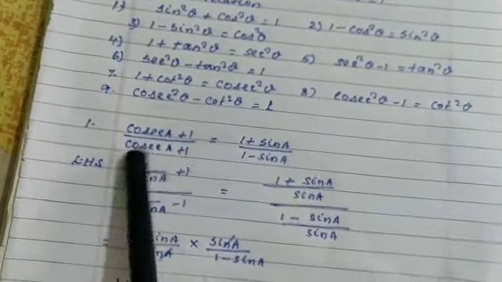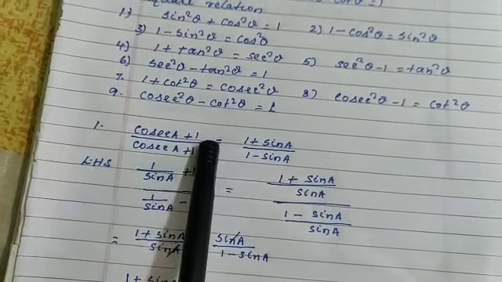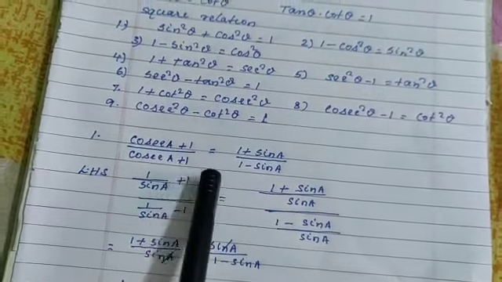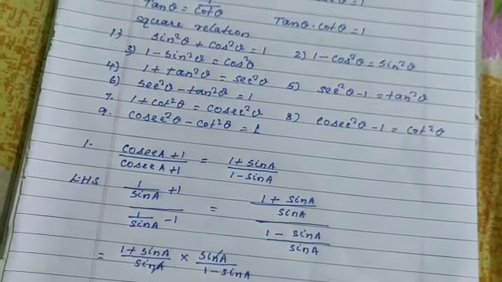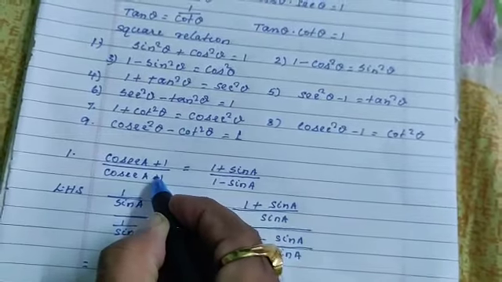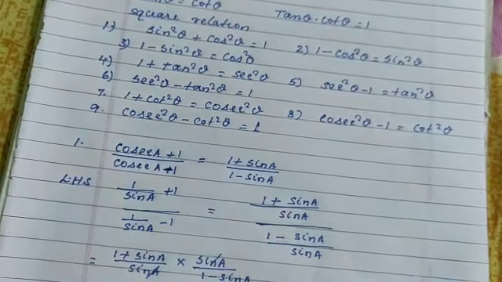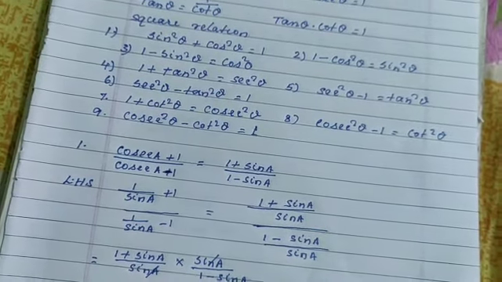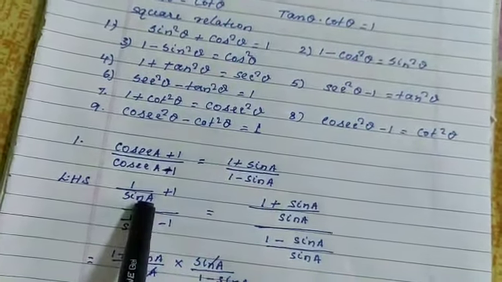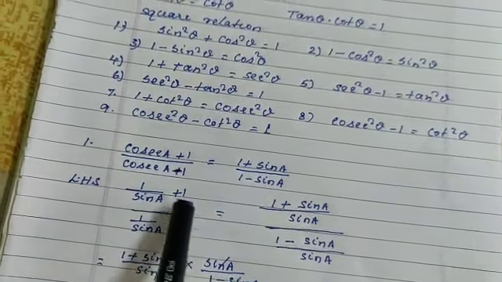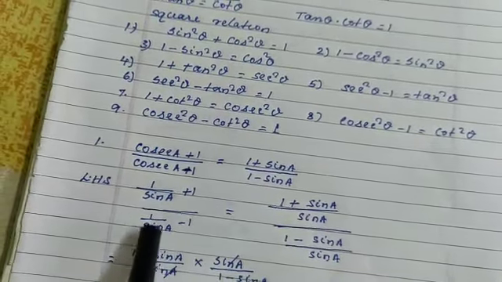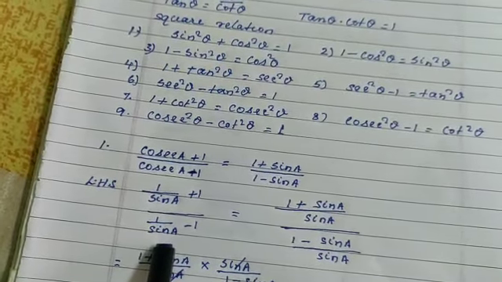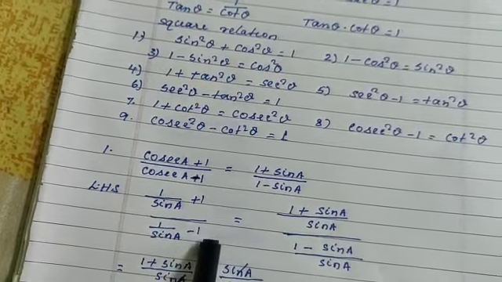The question is given: cosec A plus 1 by cosec A minus 1. Now you know that cosec A is 1 by sin A. So we substitute that formula: 1 by sin A plus 1, divided by 1 by sin A minus 1.